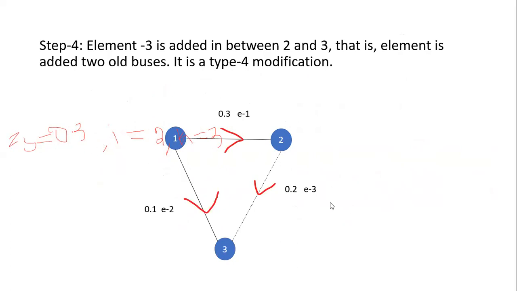ZS is the third element. Therefore ZS is equal to 0.2, not 0.3.